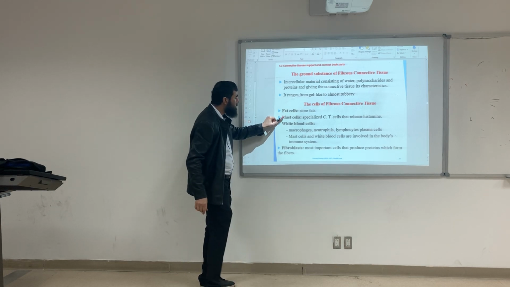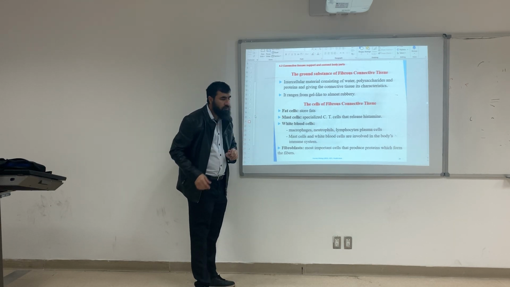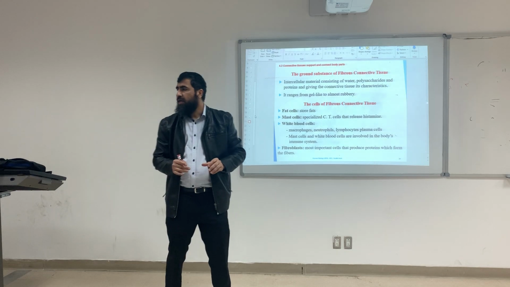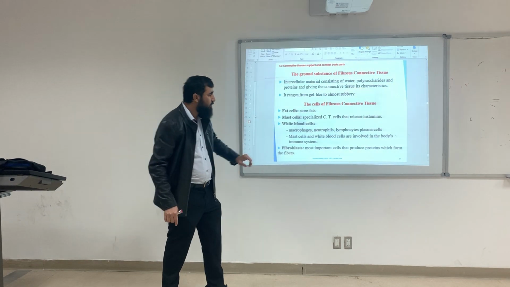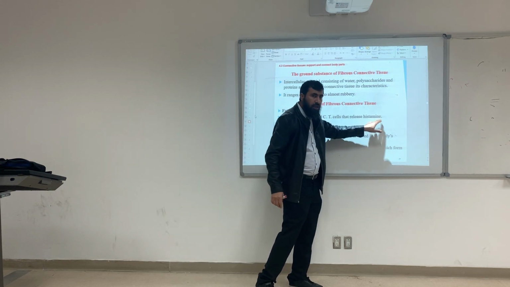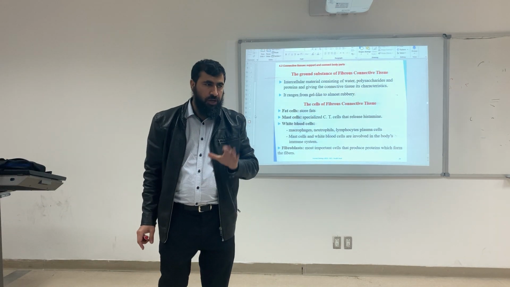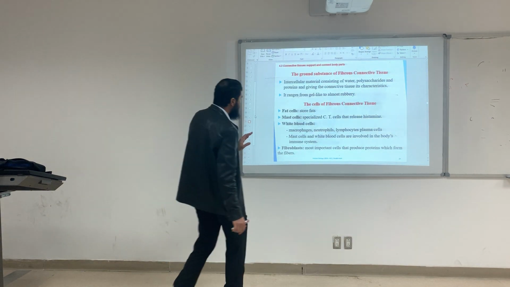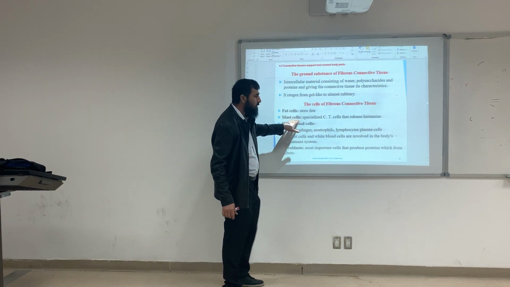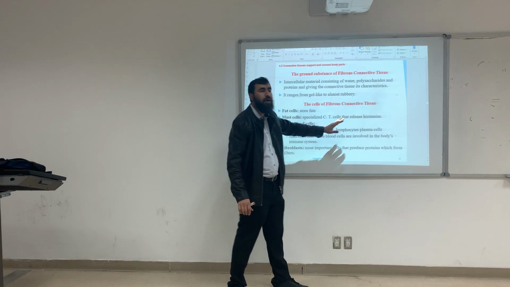These mast cells form part of the immune system, okay? They're important in the release of chemicals called histamine, which help in the inflammatory response. We're not looking into more detail of that. They release the histamine, and they are part of the immune system.